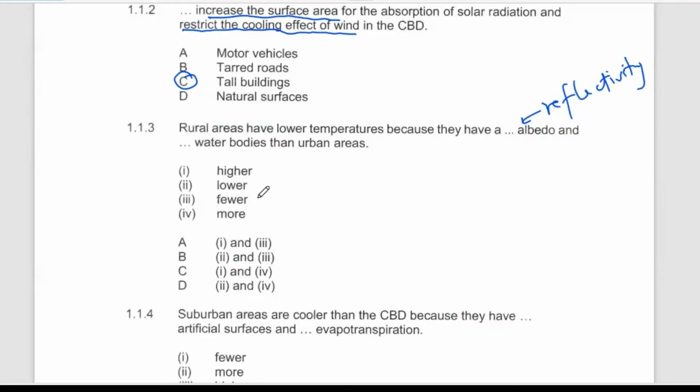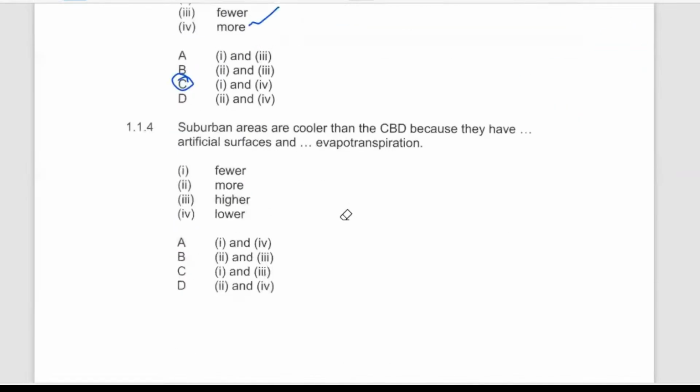The albedo in rural areas is higher, and also we tend to find that we have more water bodies. The water bodies are responsible for producing a cooling effect because of evaporation, and because of high reflectivity, much of the heat is lost back because of the reflective effect. So item number 1 and item number 4 combine to give us the correct response at item C. Right, moving on to the next question.